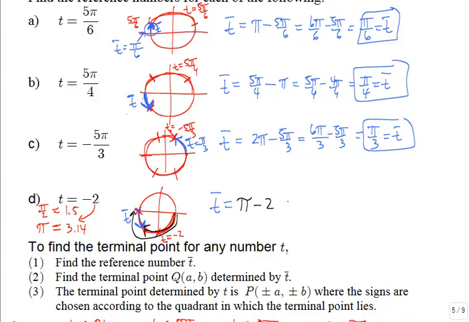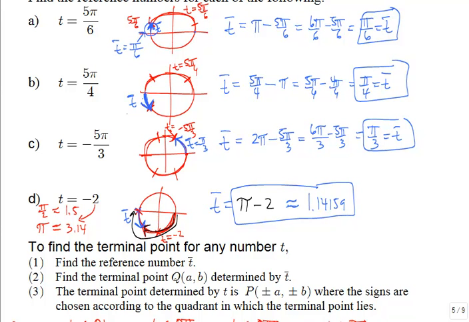So to get my t-bar, I'm going to take the whole distance pi minus the 2, and you can't really reduce that because these are not like terms. The 2 doesn't have a pi next to it. If you wanted to get a decimal for this, pi is 3.14159, so if I subtract 2 from that, this is going to be 1.14159. So we could give an approximate value, or we could just leave it in terms of pi.